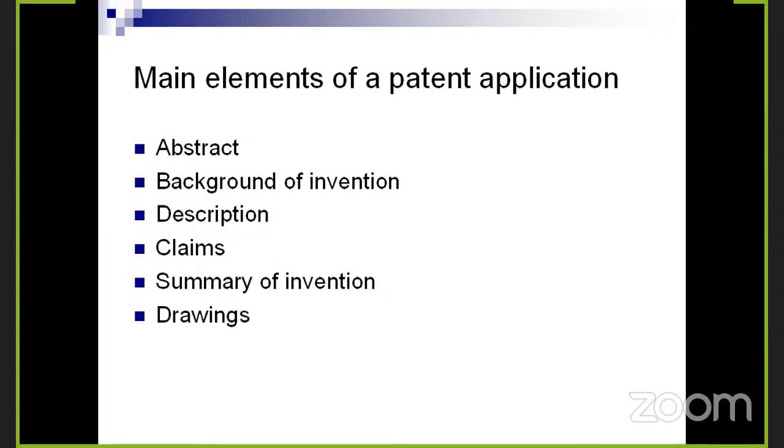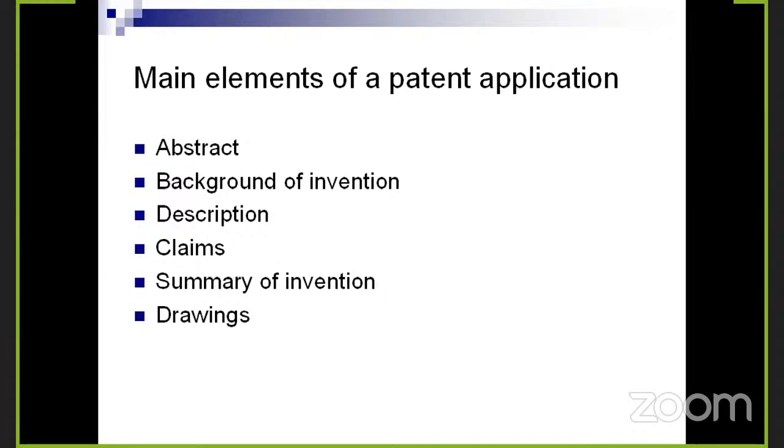So imagine if the abstract is not able to bring out the field of invention very explicitly, then it may end up with an examiner who is not qualified in that area, and that would be disastrous. So the abstract should talk very clearly about the field of invention.